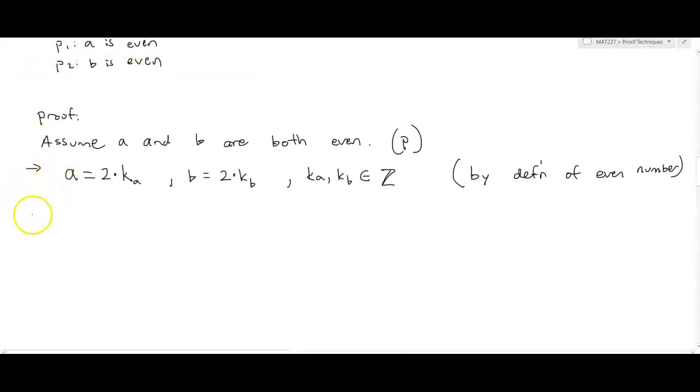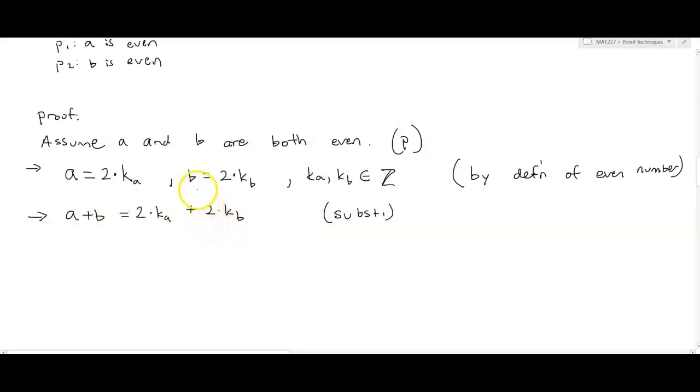So this allows me to say that A plus B is equal to, well, wait a minute, A is 2 times KA, B is 2 times KB, and this is really just by substitution. That's all we really did here: we substituted in 2KA for A, and we replaced B with 2KB.